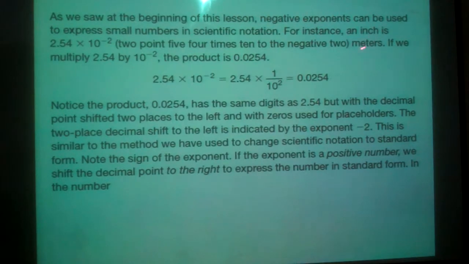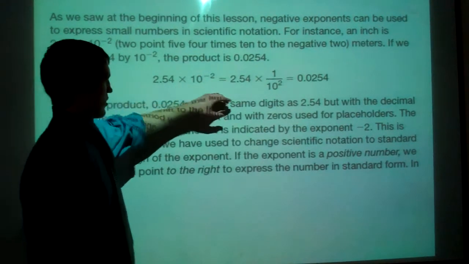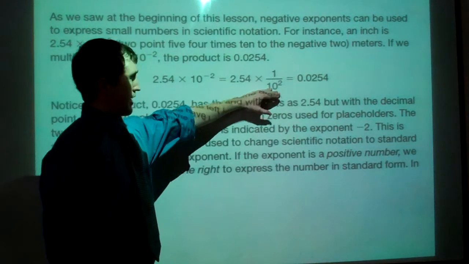Like they're saying here. For instance, an inch is 2.54 times 10 to the negative 2 meters. If we multiply 2.54 by 10 to the negative 2, the product is 0.0254. So how do we relate this? Well, we just learned that 10 to the negative 2 is going to be 1 over 10 to the second.